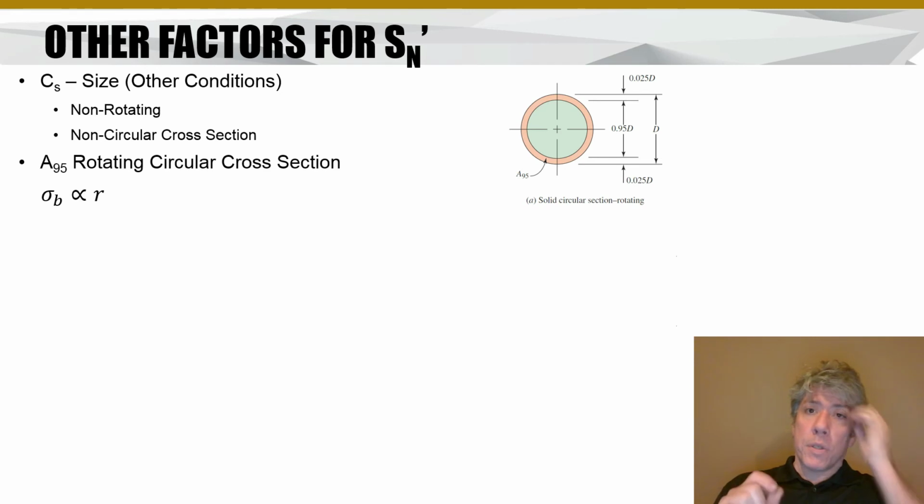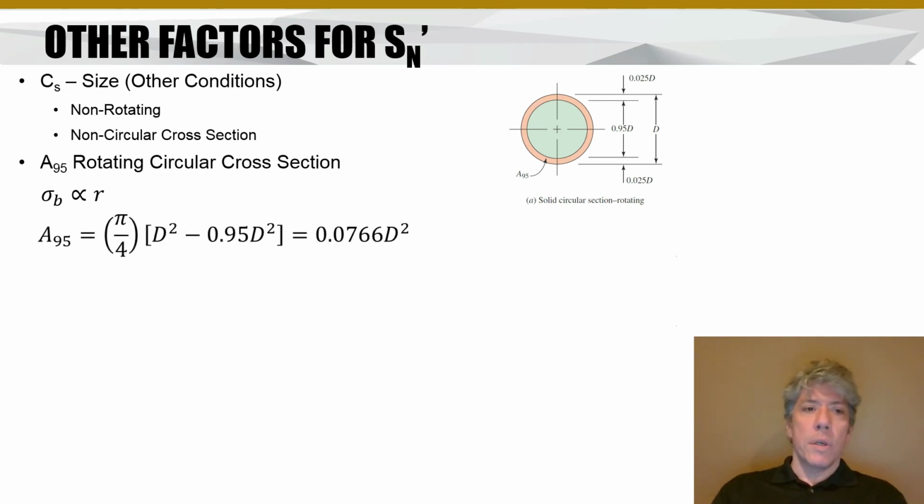Since the stress is proportional to the radius, what we're going to do is try to define an area where the stress is at least within 95% of maximum. Because if you think about what causes fatigue failure, it's high tensile stresses, right? Well, where do high tensile stresses occur? Obviously at the surface, but also 95% of the maximum stress is still quite a bit of stress.